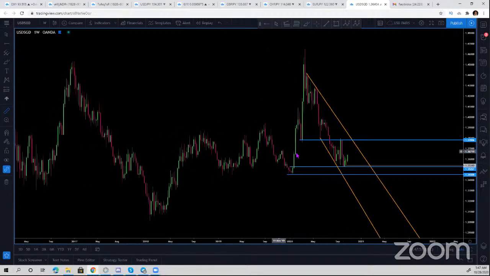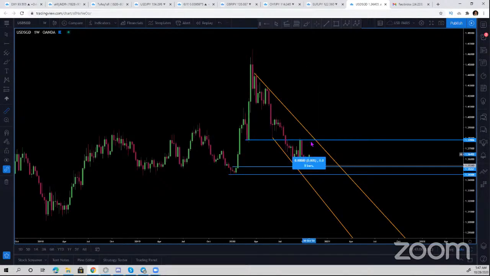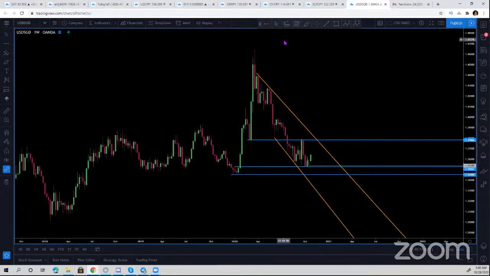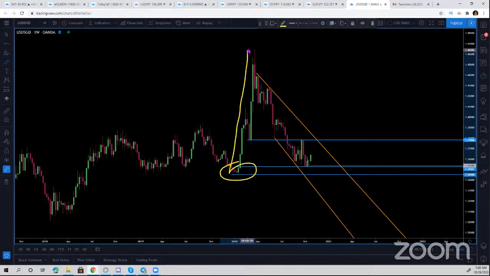Exactly. But we're talking about 133 pips or 1% from where we are trading right now, right? If we look at how price just exploded from this level in December 2019, January 2020, I think the probability of price testing these highs is pretty high, right?